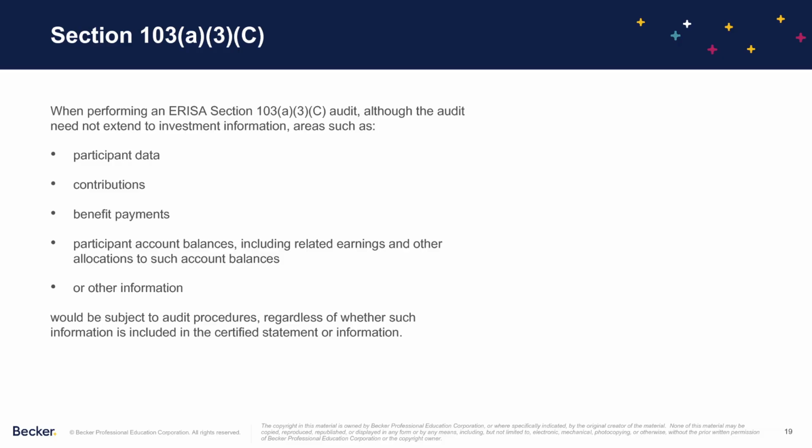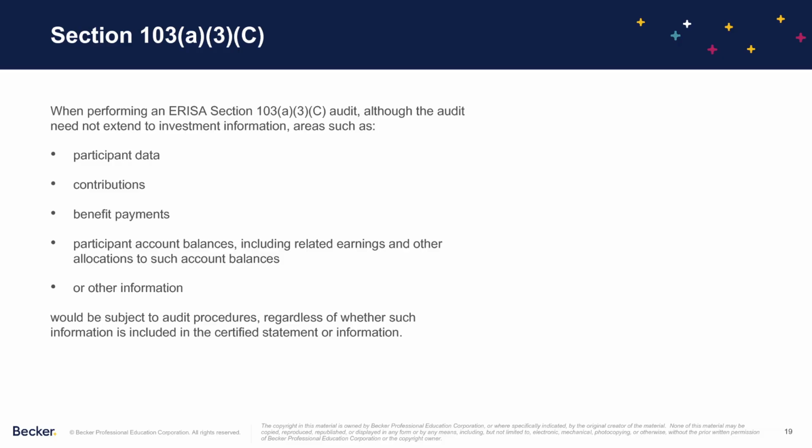So we're not saying we don't do an audit, right? We still have to perform audit procedures on everything except the investment information. So even if the certified statement or information included a certification of the participant data, the audit firm is still required to perform procedures in this area. So it's very carefully handled here.